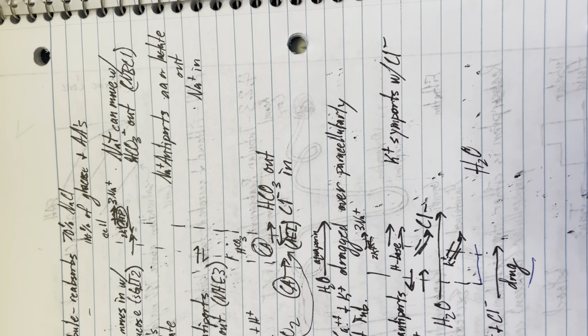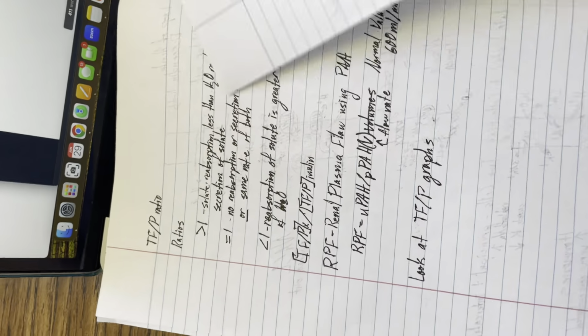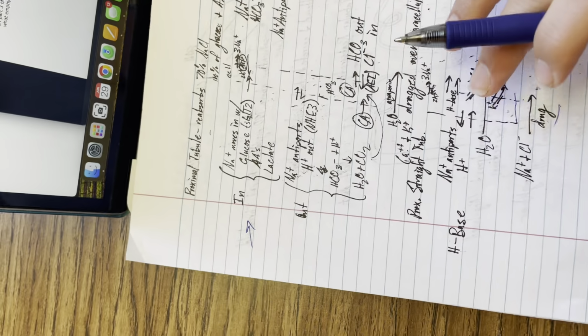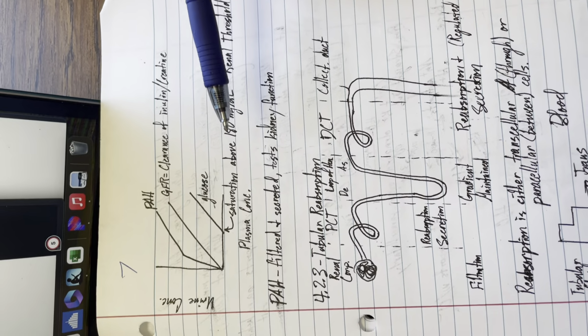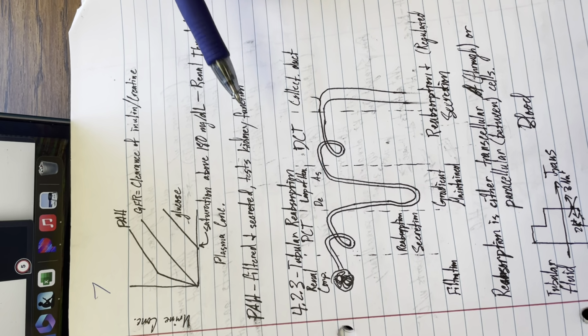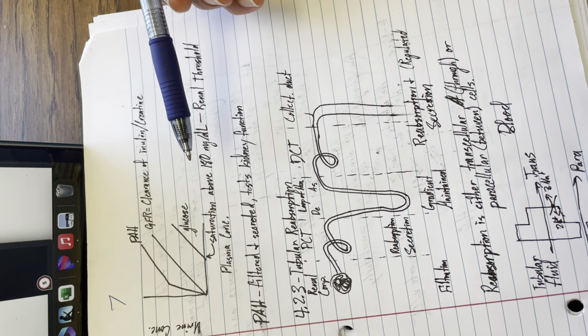Okay, so we're gonna talk about renal threshold and saturation. So renal threshold is when, and we just talked about it, there's a bunch of ion transporters.